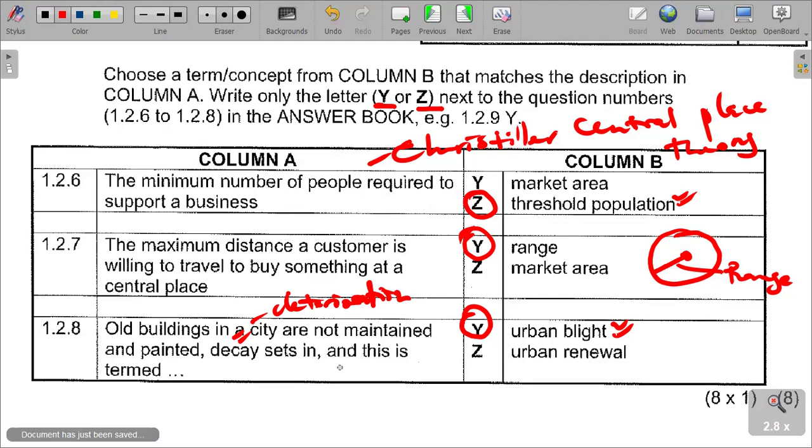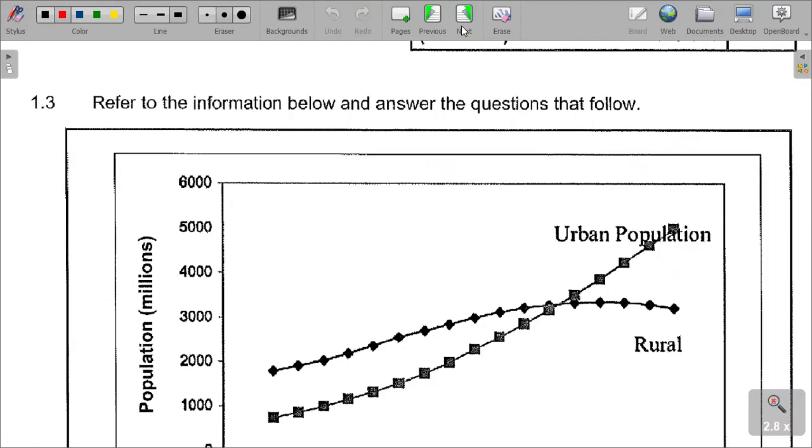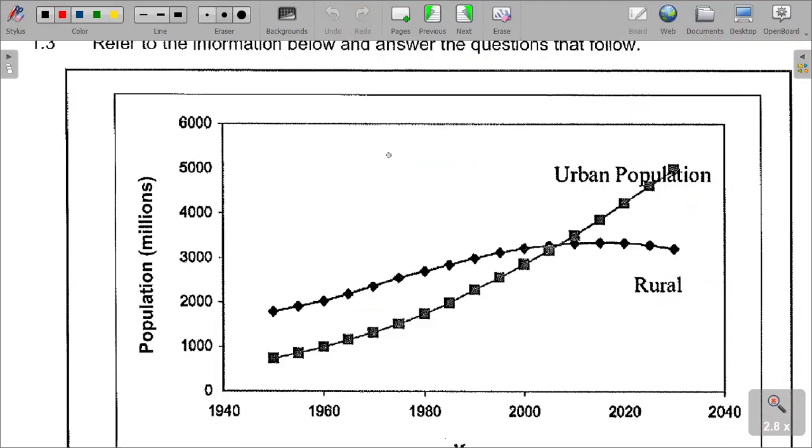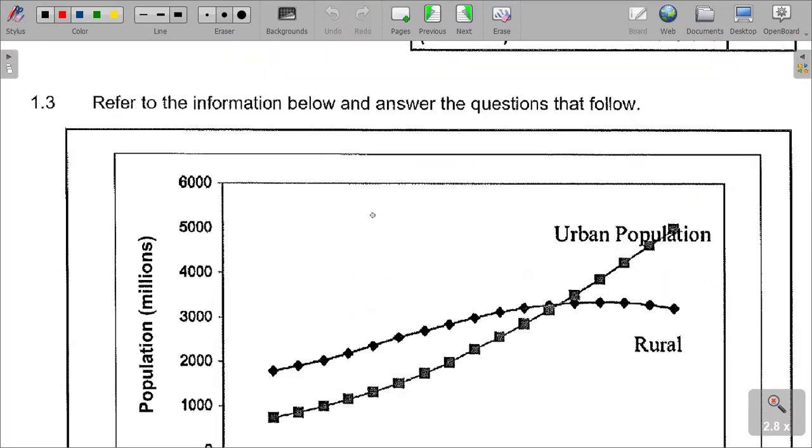It results in what we call urban blight. Urban renewal, obviously, is about replacing, reconstruction, renovation, bringing in new buildings to replace those that are failing and faded.